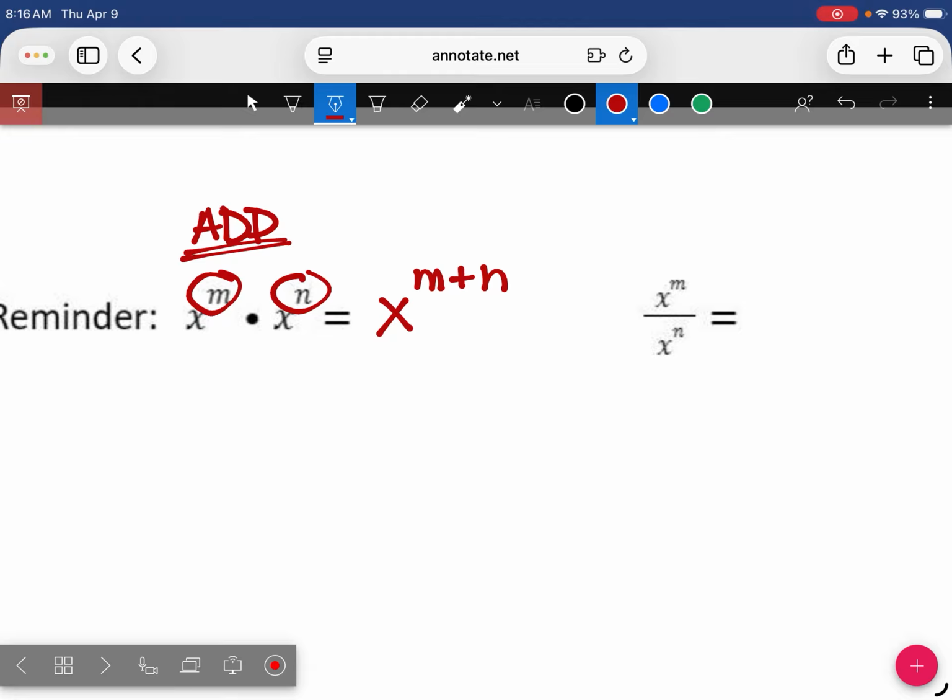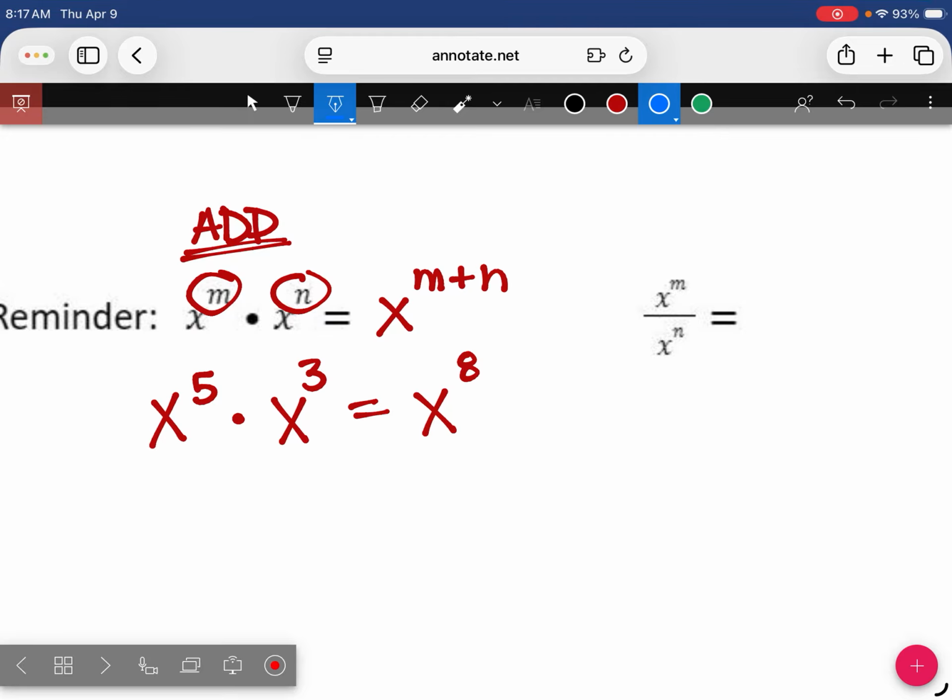So an example would be x to the 5th times x to the 3rd. Because the base is x, we can add the 5 plus 3, and my answer would be x to the power of 8. So when we multiply, we're adding exponents.